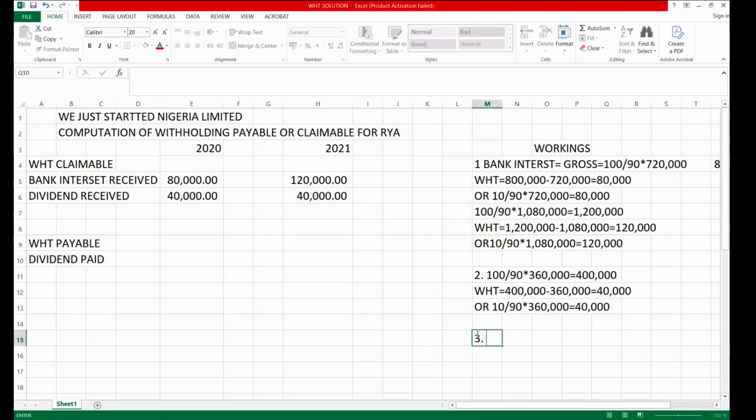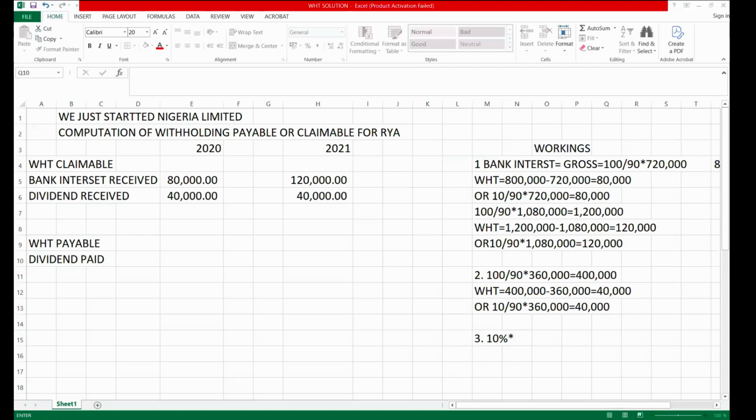The withholding tax on dividend is 10%, and this one is given as gross, which means we are given the entire value. So it will be 10% multiplied by the gross amount. The first amount is 2 million, and the second is 3 million.